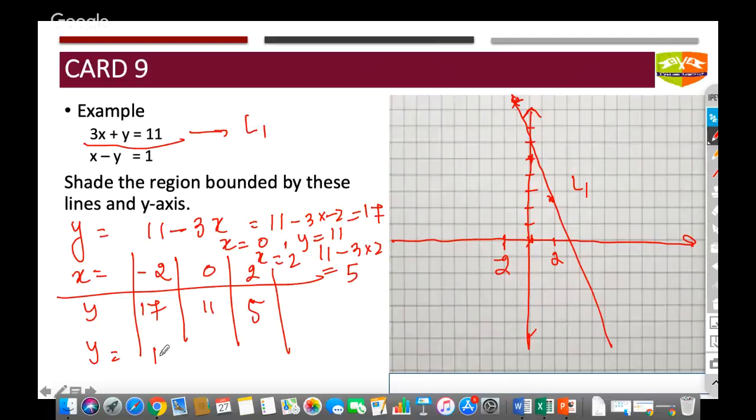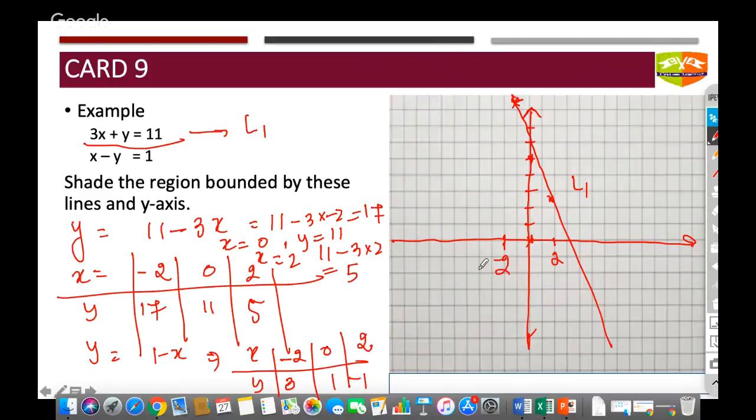Now y is equal to 1 minus x in the second case. Again I take x is equal to minus 2, so I get 3 here, and I take x is equal to 0, so I get 1 here, and I take x is equal to 2, so I get minus 1 here.